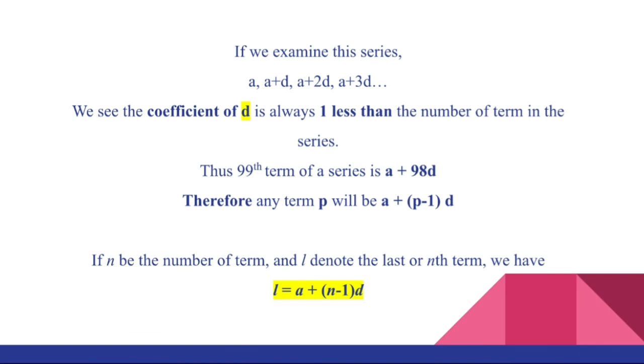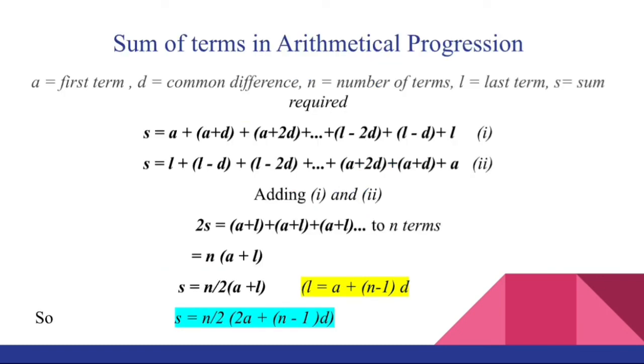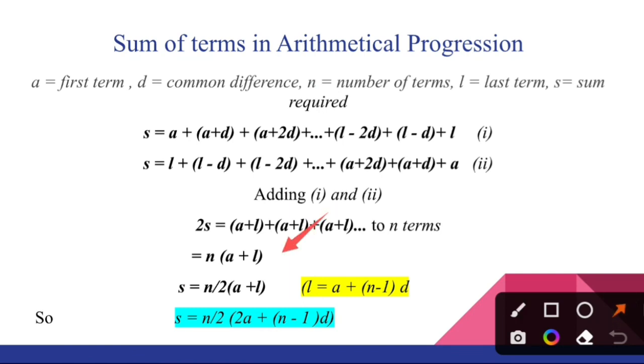We will put this l here. Now S can be written as n by 2 times 2a plus n minus 1 d, because a plus a is added to make 2a.